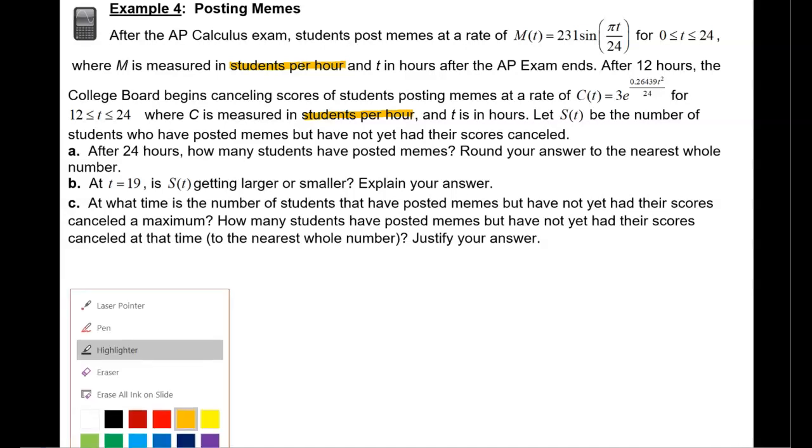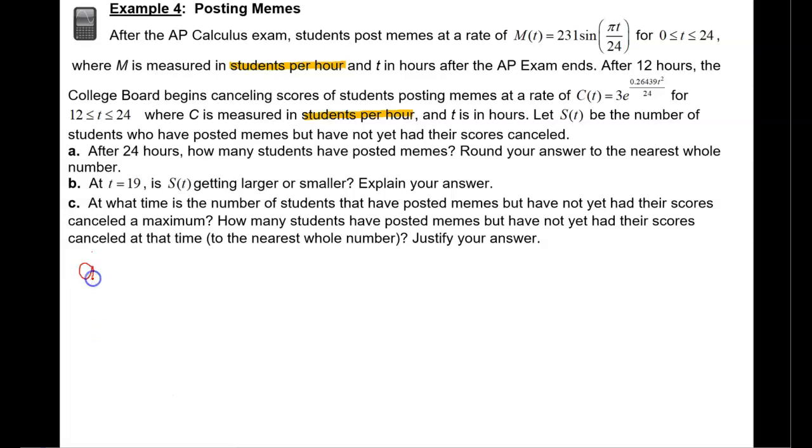So A doesn't care at all about C. A says after 24 hours, how many students have posted memes? So A is going to be the integral of M.